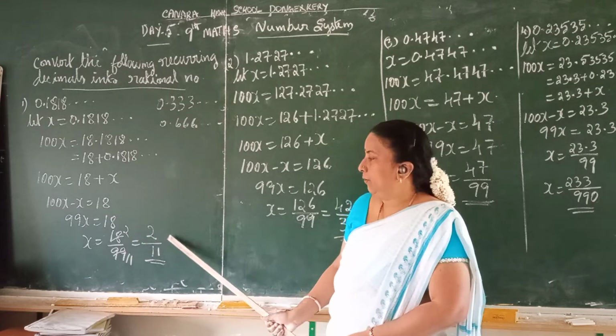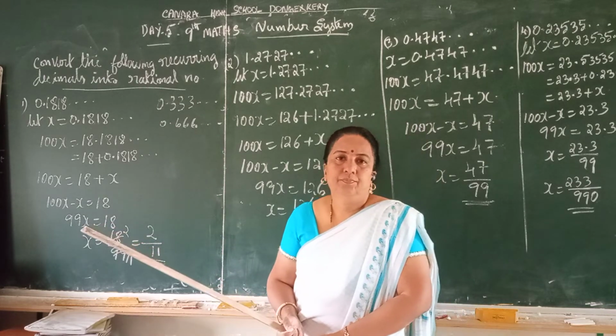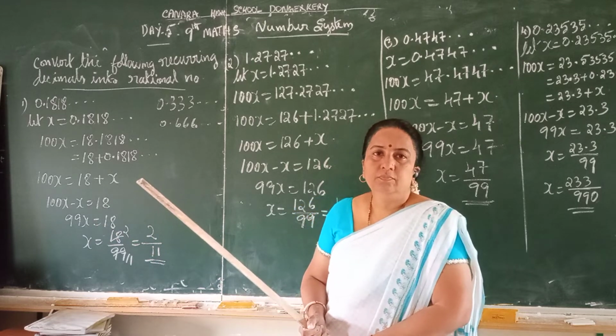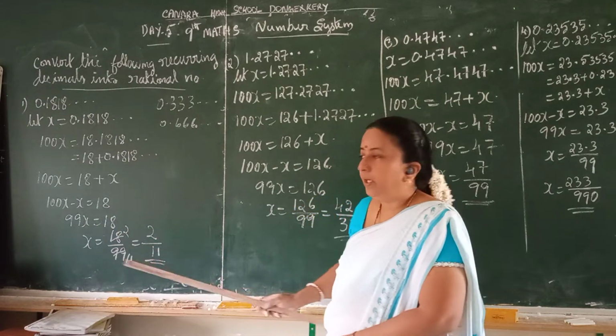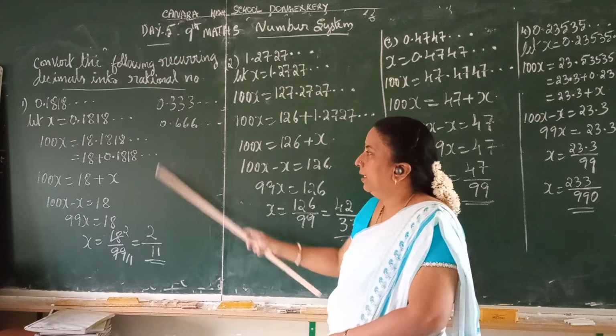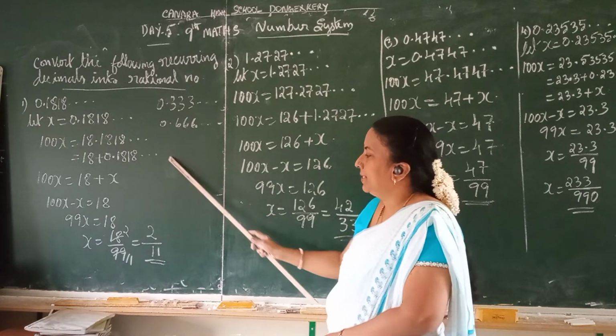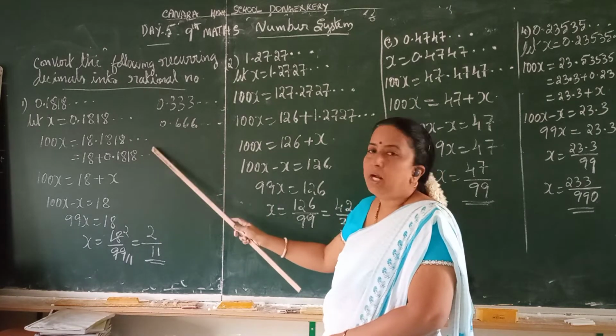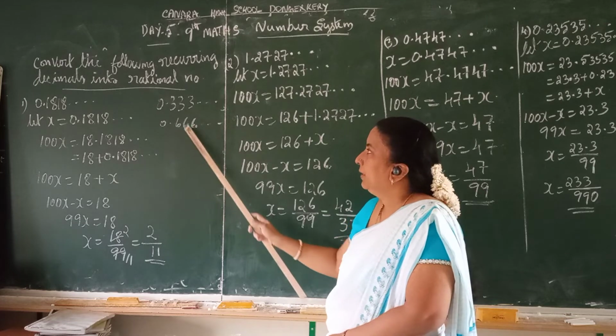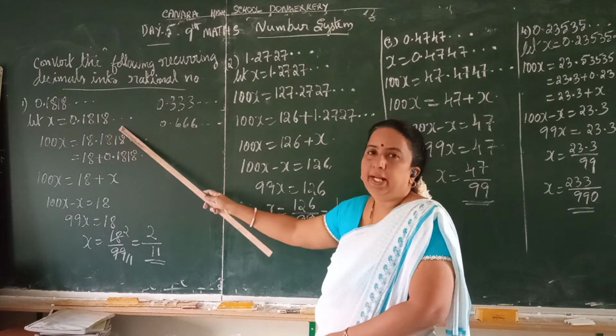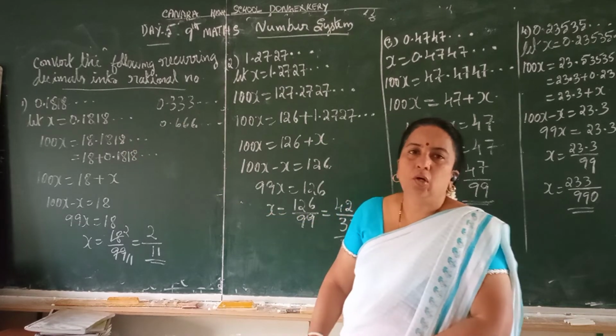Simplified, you will get 2 by 11. When you go for long division and divide 2 by 11, you will get 0.181818 and so on.